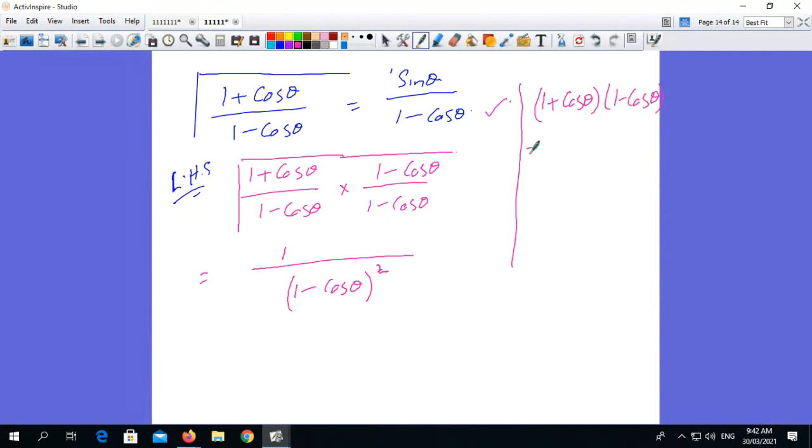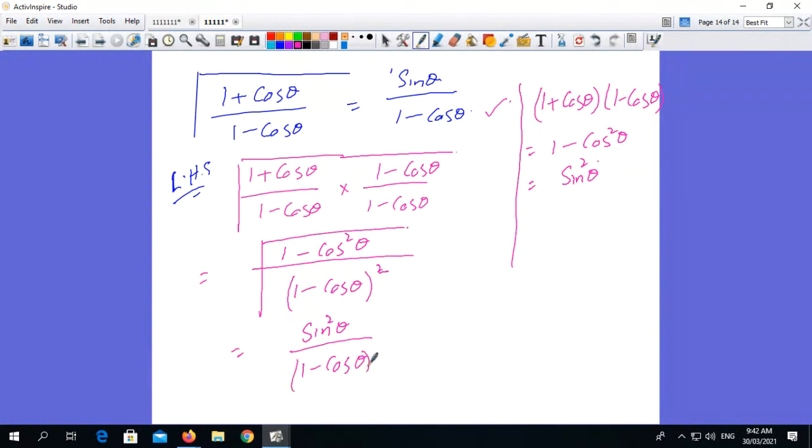And in the numerator we have 1 plus cos theta multiplied by 1 minus cos of theta, it becomes 1 minus cos square of theta. And we know by identities 1 minus cos square theta equals sin square of theta. So the square root of 1 minus cos square becomes sin square of theta, and in denominator we have 1 minus cos theta whole square.